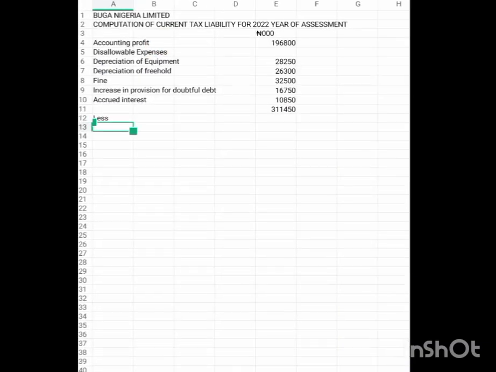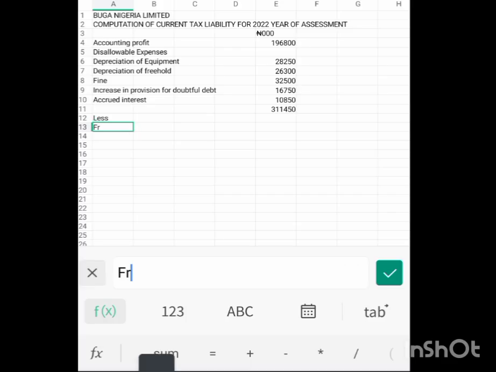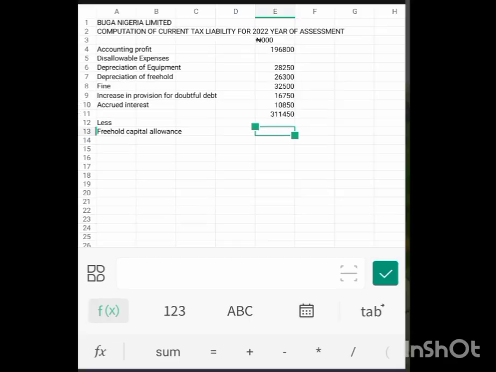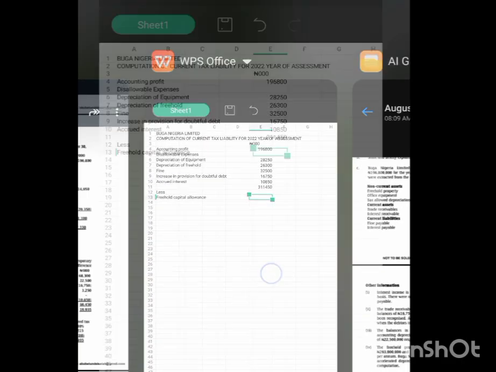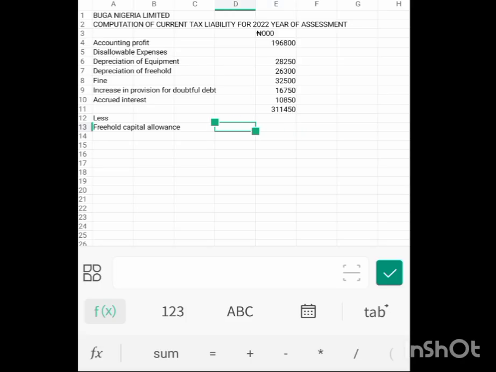So we say that freehold capital allowance should be 94,600,000. Let's put it here. So I haven't done that.